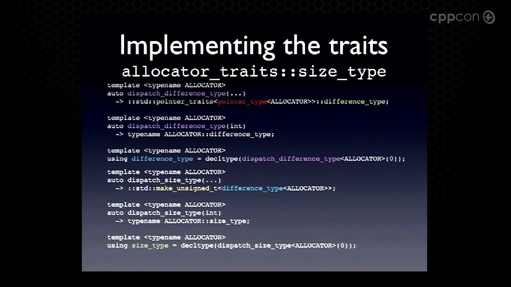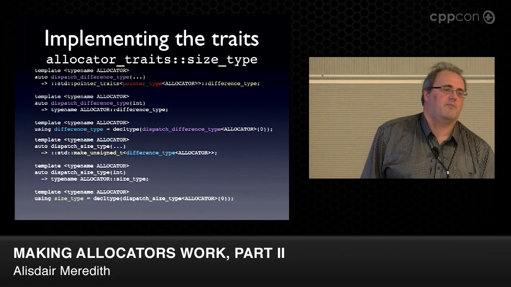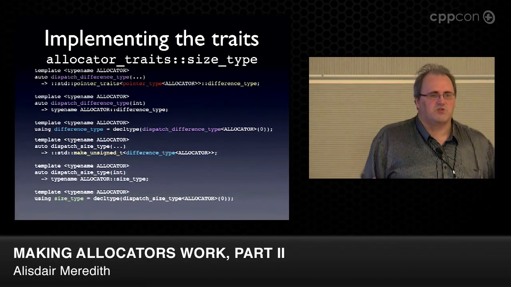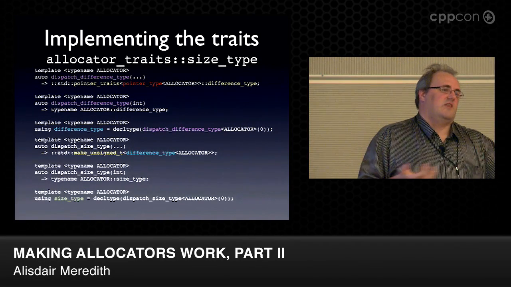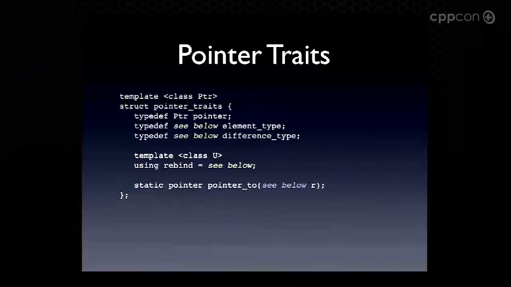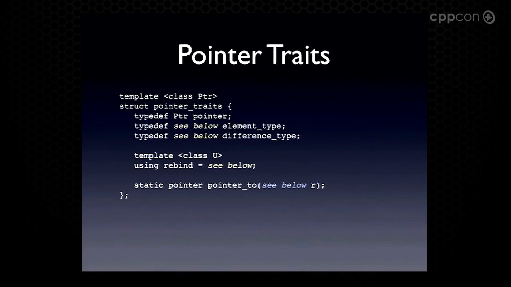Turns out that the difference type, as you can see in red, is going to depend upon my pointer type because it's the difference between 2 pointers. And how do I find the difference between 2 pointers where the pointer could be an arbitrary fancy pointer supplied by the user? Well, we need another traits type. So C++11 also has pointer traits that define a couple of very simple properties about pointers.